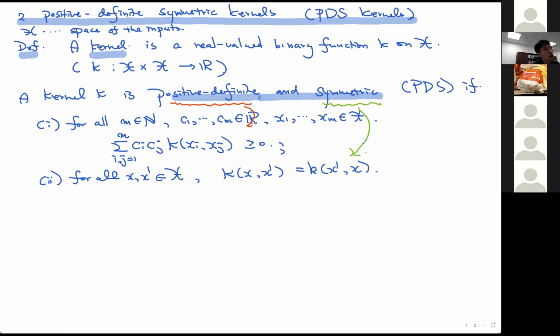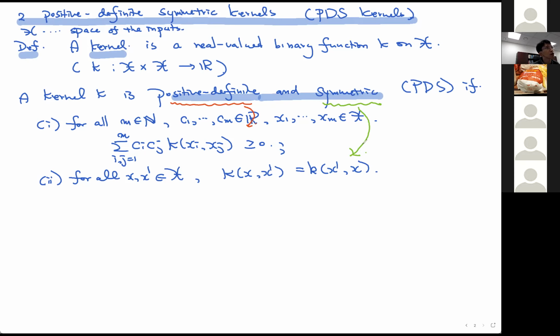Then you might wonder, why do we impose these two properties? One answer is that if kernel K satisfies these two properties, it can be understood as essentially computing inner products. We don't know at this stage which space it is using, but there is some space where the inner product is well defined. It may be different from X, the input space.